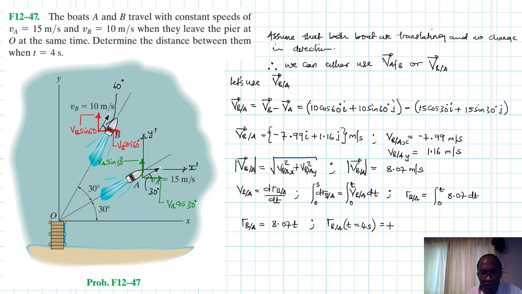This gives us 32.28 meters. So this is our distance between the two boats at time equal to 4 seconds.